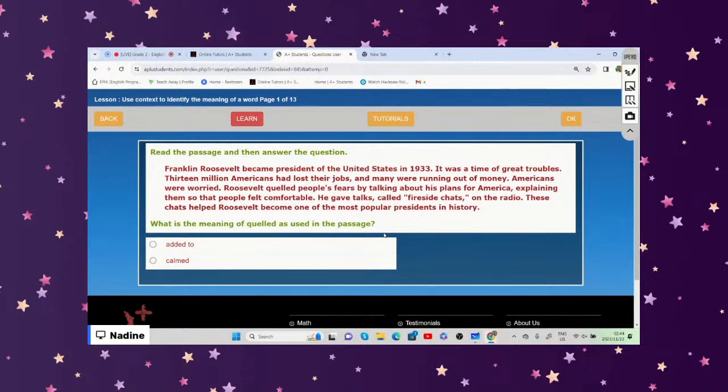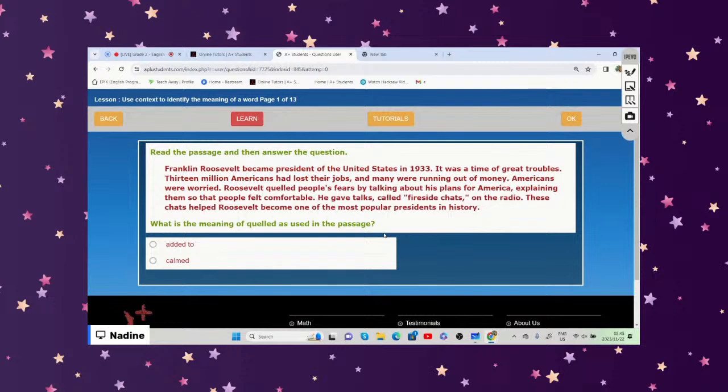He gave talks called fireside chats on the radio, and these chats helped Roosevelt become one of the most popular presidents in history. So, what is the meaning of cooled as used in the passage?